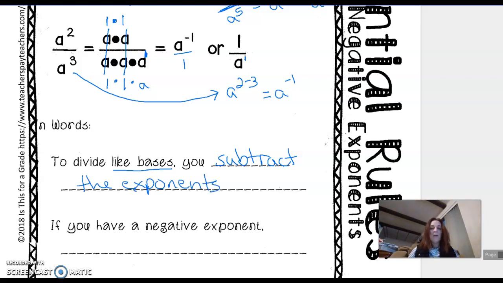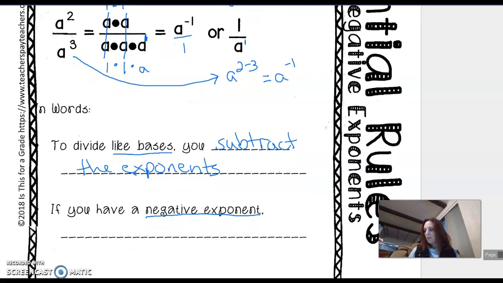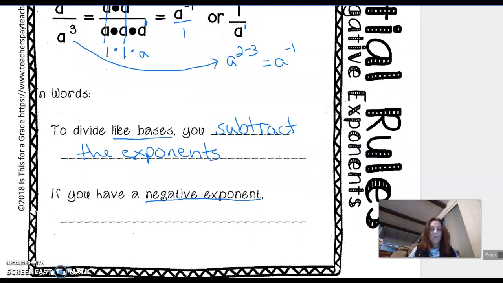Okay. Now, if you have a negative exponent, I'm going to write it like this, and we'll talk about it. If you have a negative exponent, take the reciprocal, and drop the negative sign.